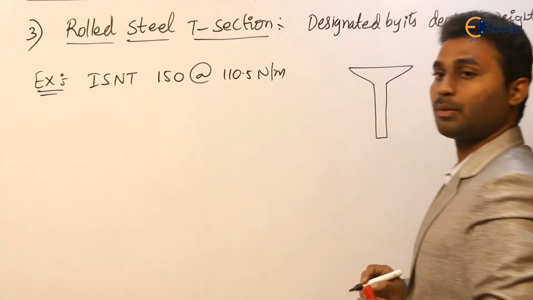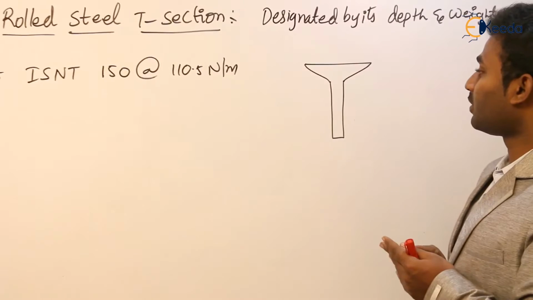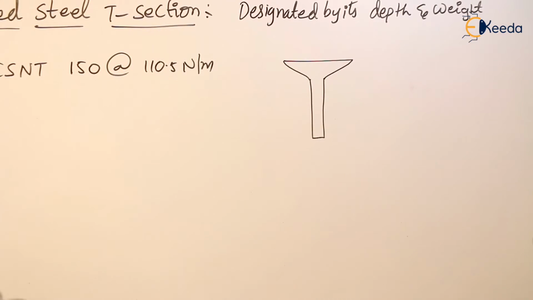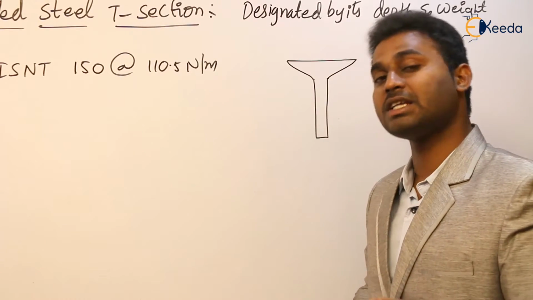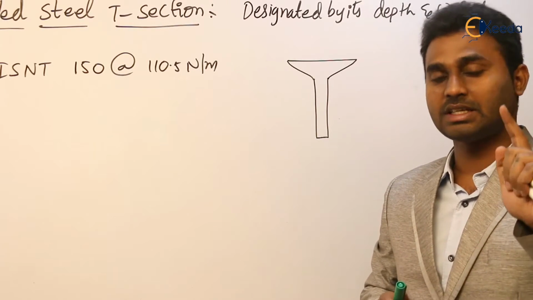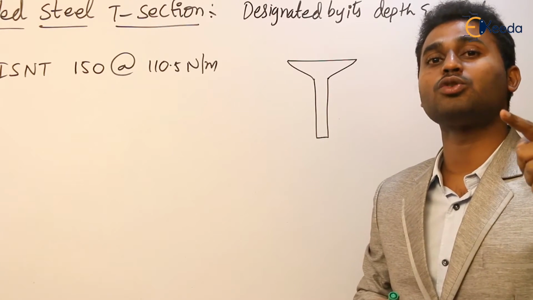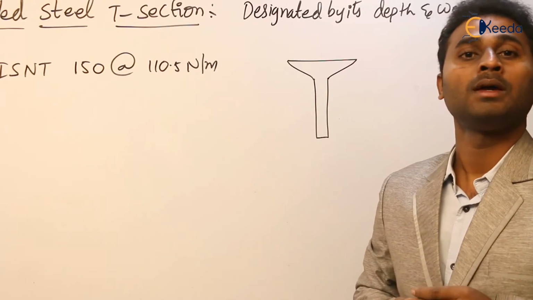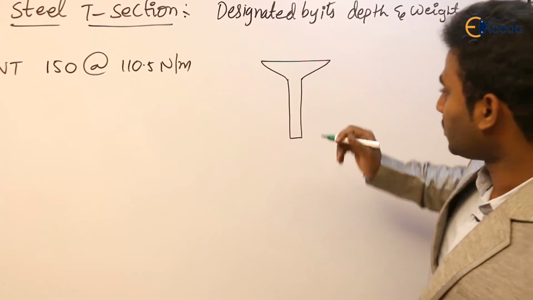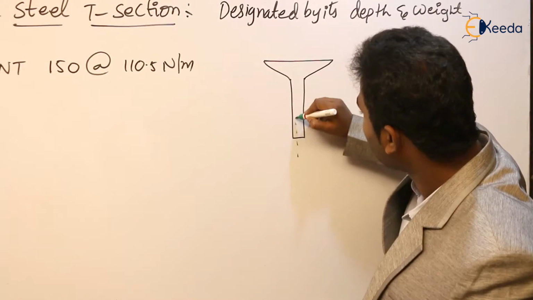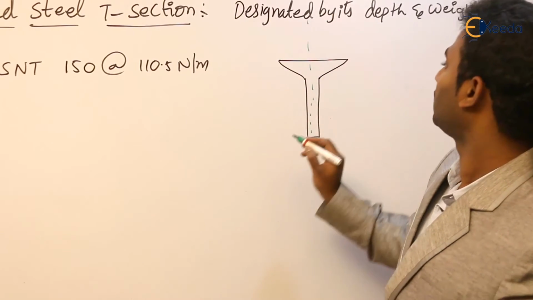So this is the T section. Agree or not? Now if we observe here, the T section is symmetrical about YY. In the previous case, the channel is symmetrical about XX. That is a required condition to make those coordinate axes major and minor axes.